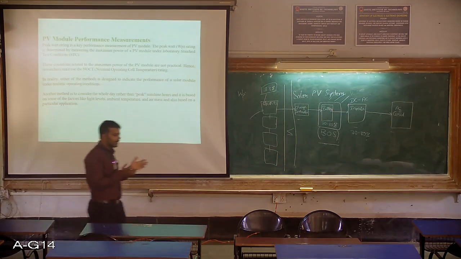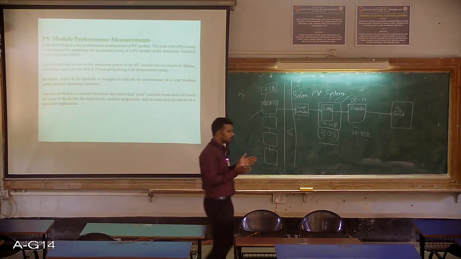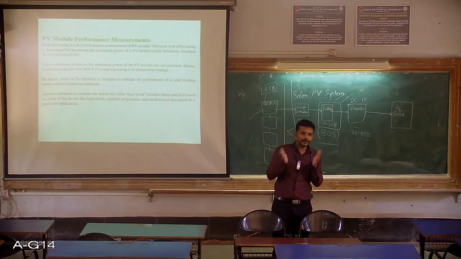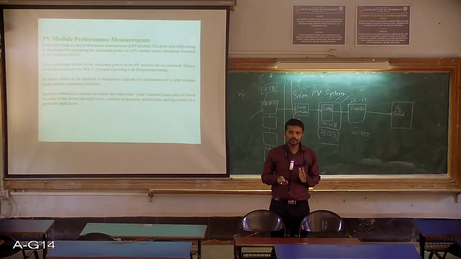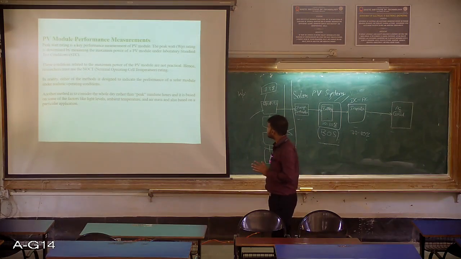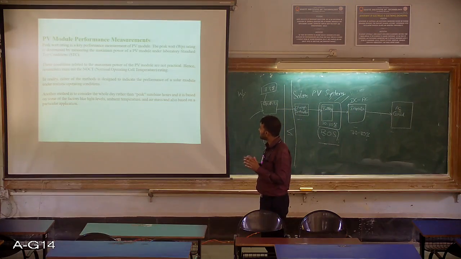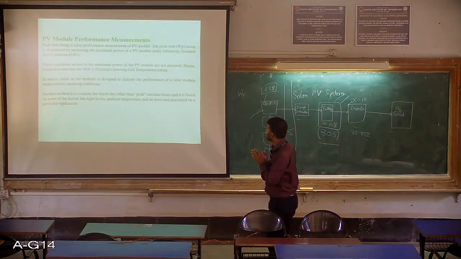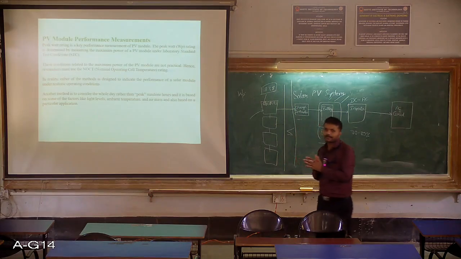That is always the ideal one. In laboratory conditions it will always generate more power. That is the WP, but these conditions related to the maximum power of the solar module are not practical.